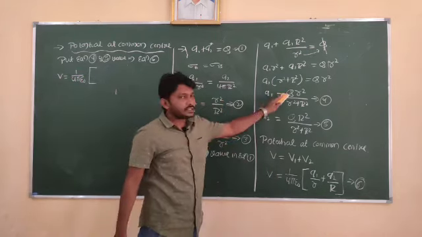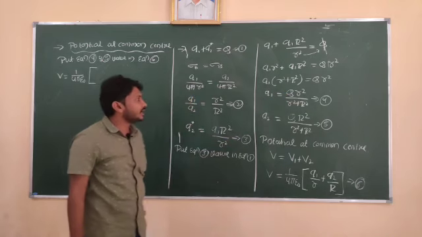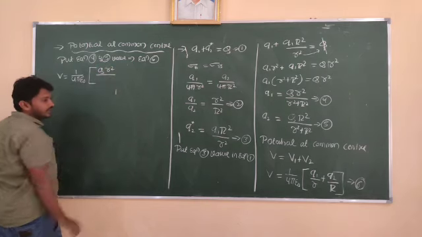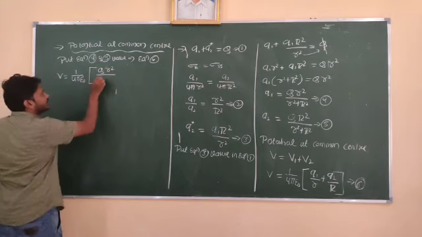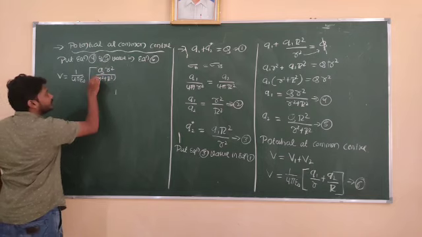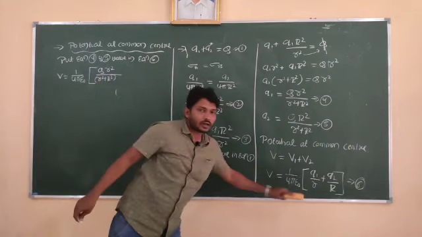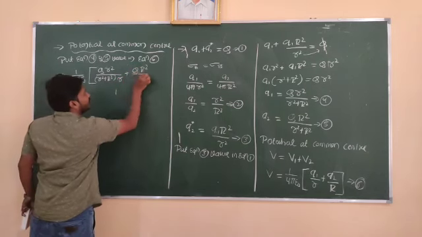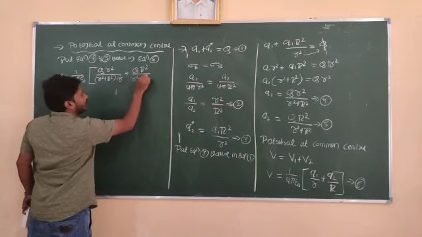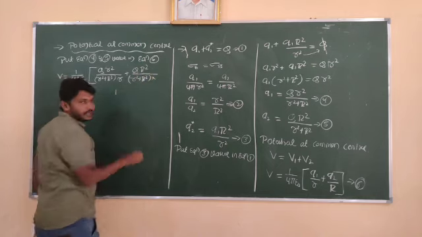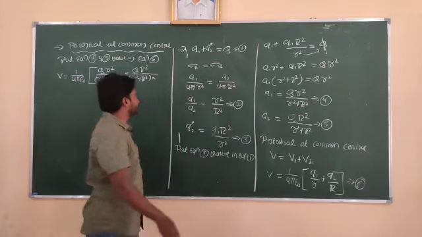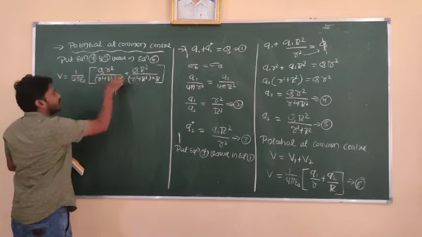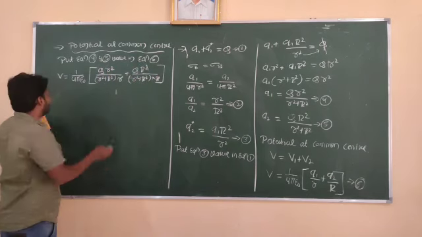Wherever Q1 is there, the value of Q1 is Q into R1 square divided by R1 square plus R2 square, and in the denominator one R term is there, so one R term gets cancelled out.